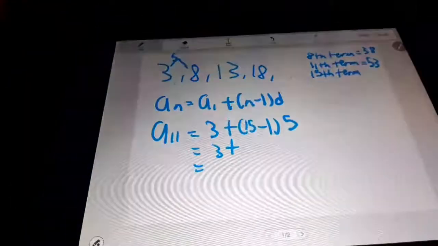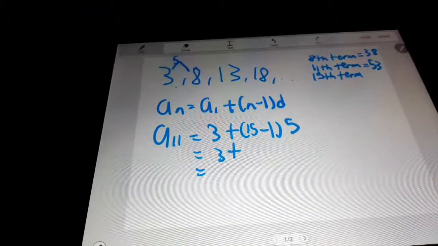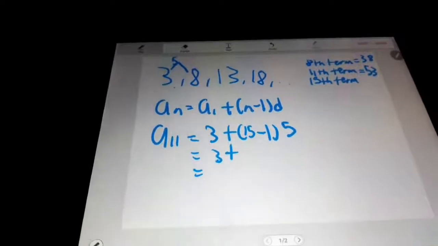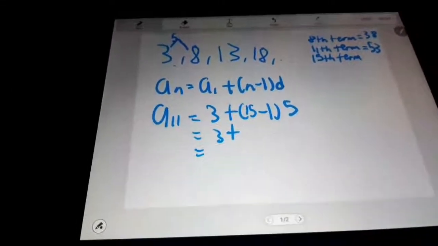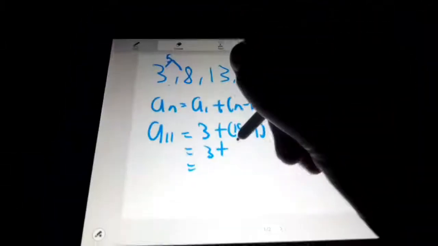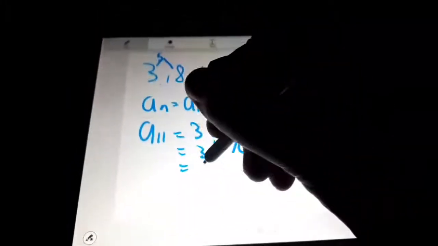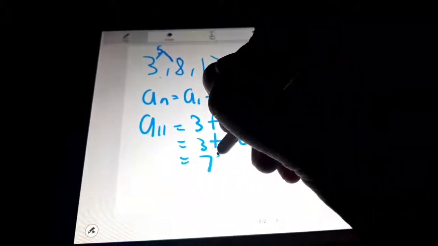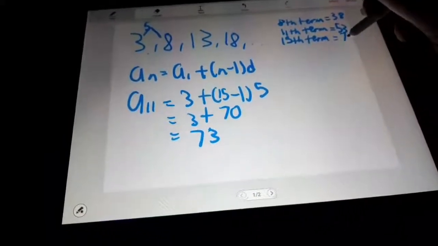So, 14 times 5, dapat alamin mo: 5, 10, 15, 20, 25, 30, 35, 40, 45, 50, 55, 60, 65, 70. 70. And the final answer is 73. Lagay mo lang dyan, 73.